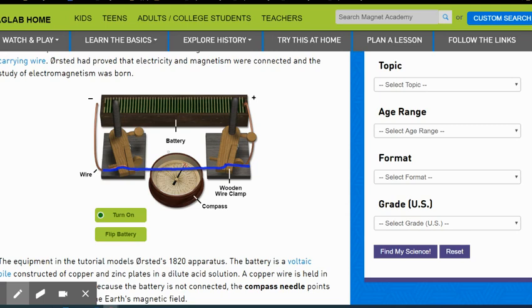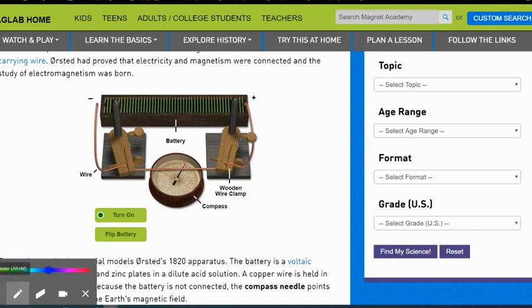So he has a compass underneath this wire. And right now the wire doesn't have any current through it. And the compass, as you would expect, points north. So if this was Oersted's lab, this would probably be the north, and this would be the south. And as they should do, compasses generally point towards the north of the Earth.